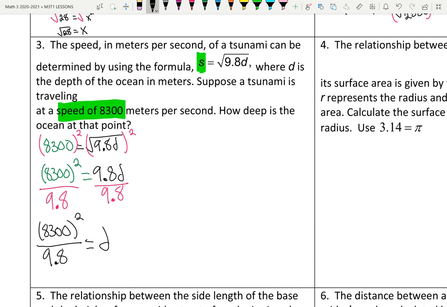So 8,300 times 8,300 divided by 9.8 is going to result in the following. D is going to be equal to 7,029,591.83.